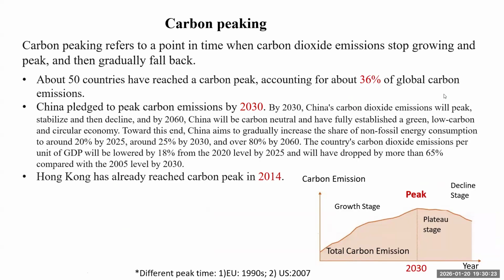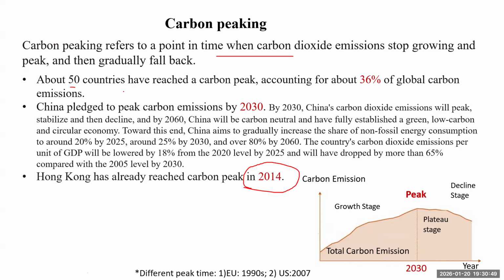So then we talk about carbon neutrality, carbon peaking. So what is carbon peaking? Carbon peaking is the point in time when carbon dioxide emissions stop growing and peak. So what about Hong Kong? Hong Kong already reached our carbon peaking in 2015.